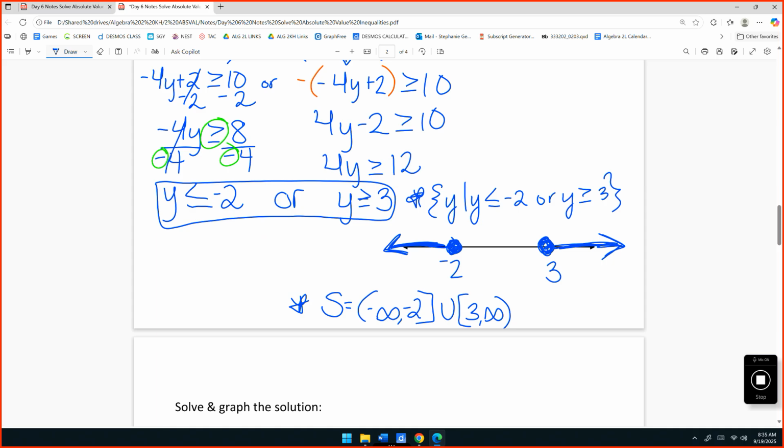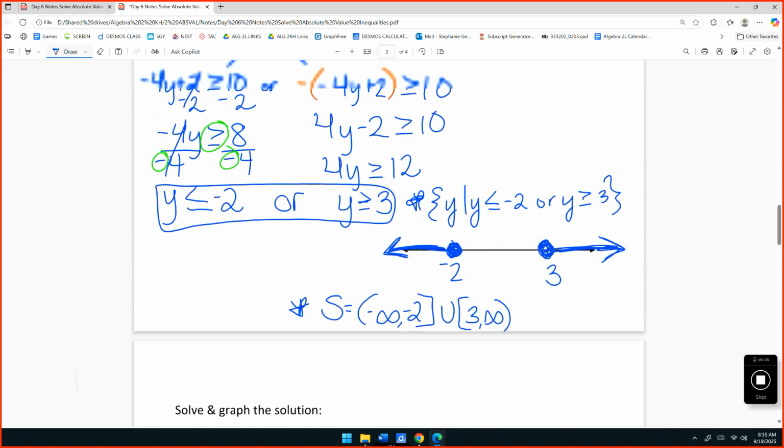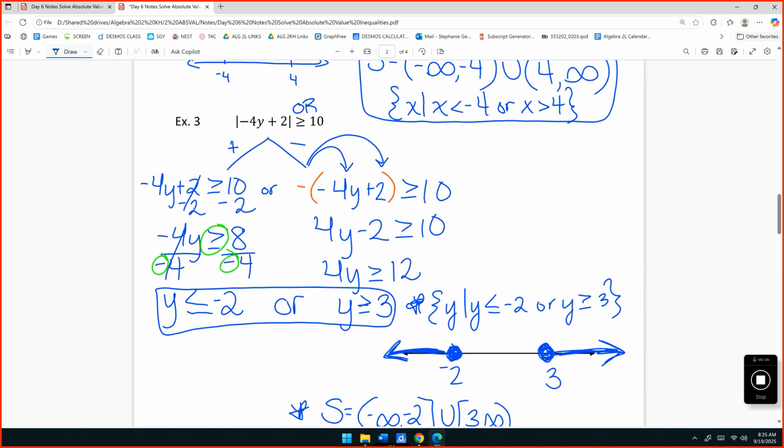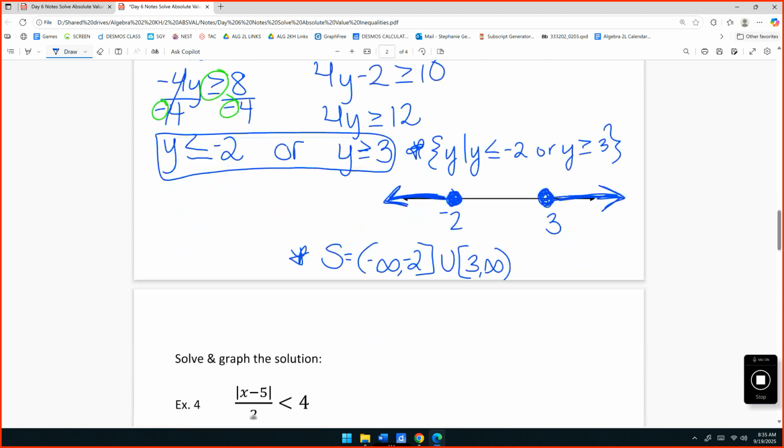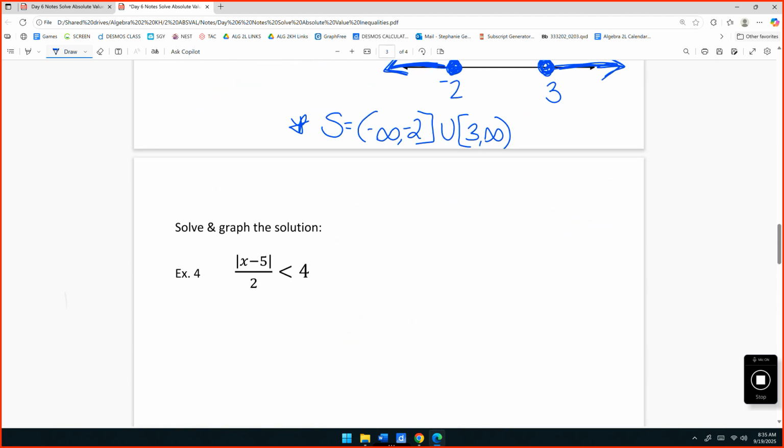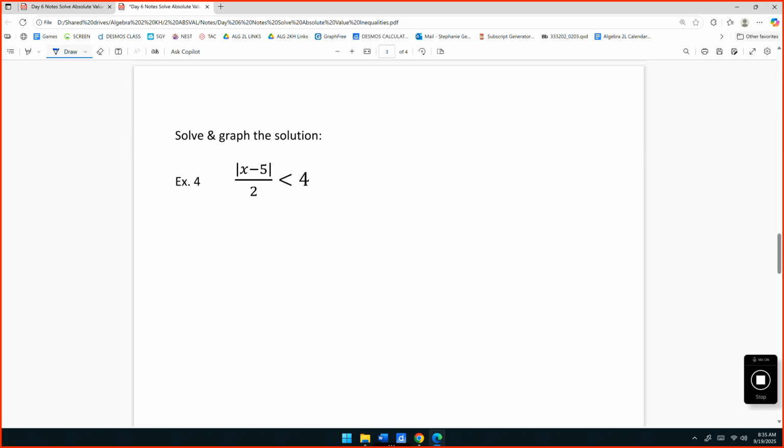Okay. Well, I want to do one more because that one was a greater than, and we're gonna end today with this one. But here's the thing. You can't decide if you have an and or an or until your absolute value is isolated.